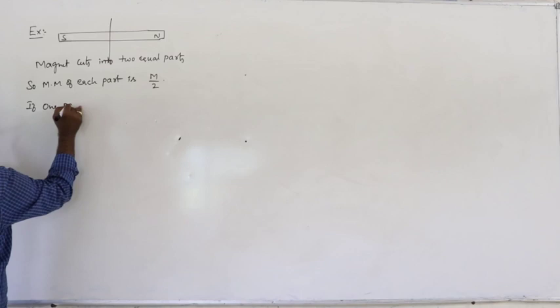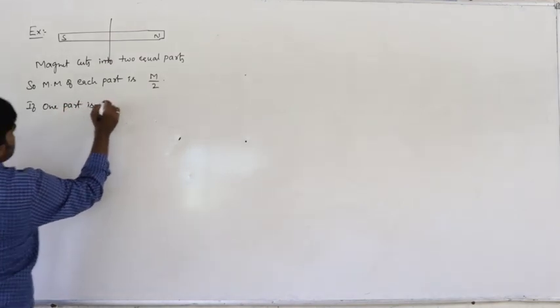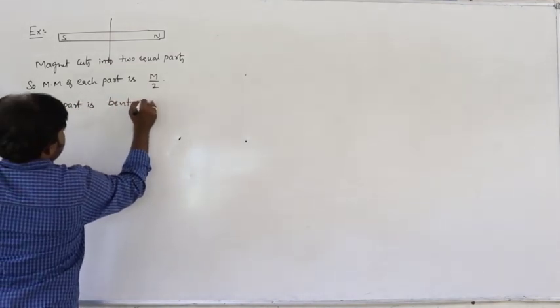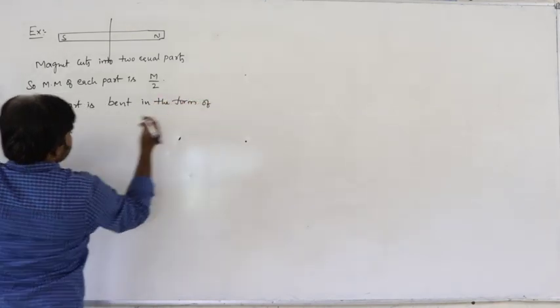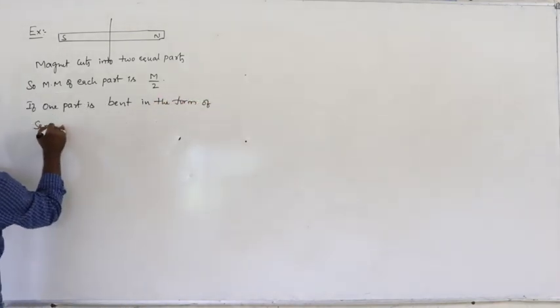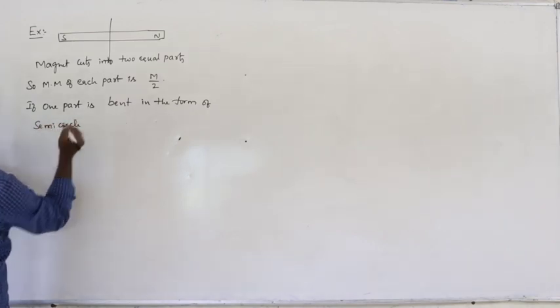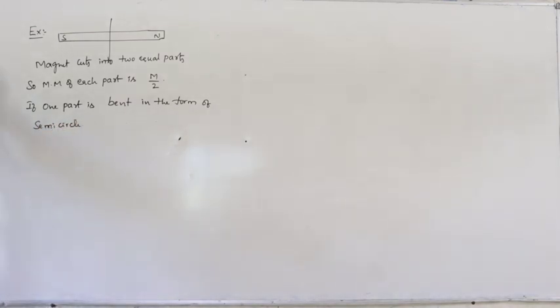Now in this, if one part is bent in the form of a semicircle. One magnet cuts into two equal parts, so that magnetic moment of each part is m by 2. Two parts we have.